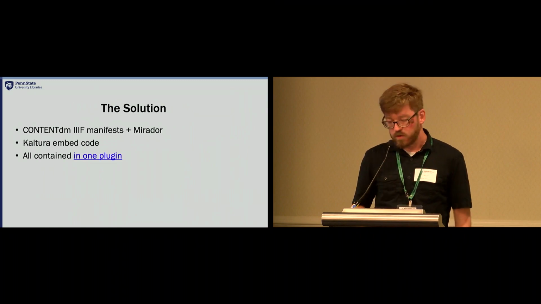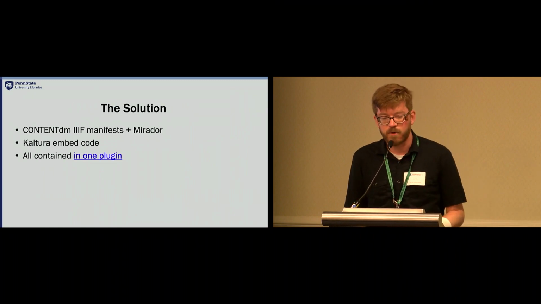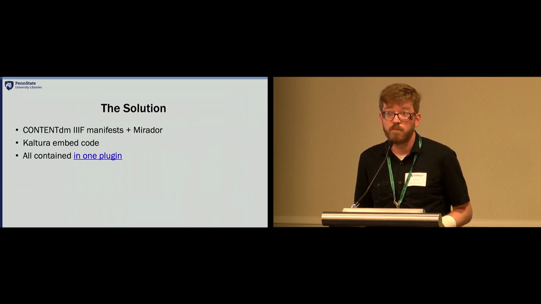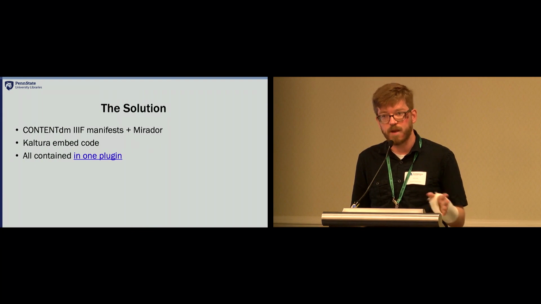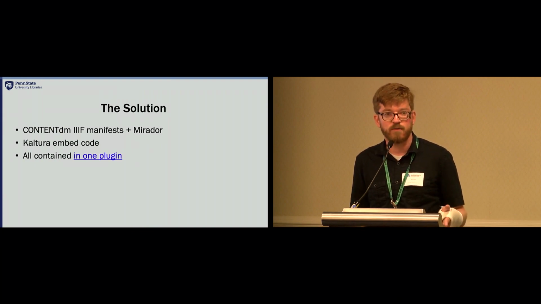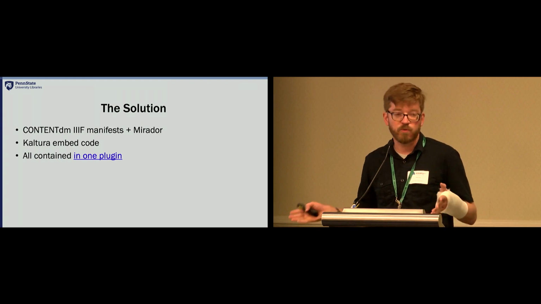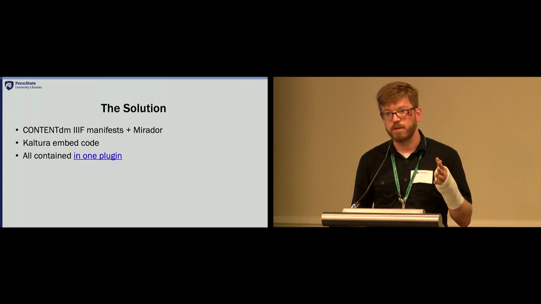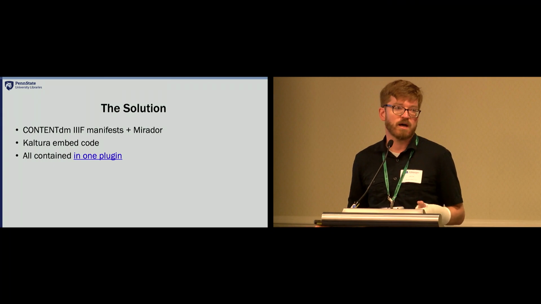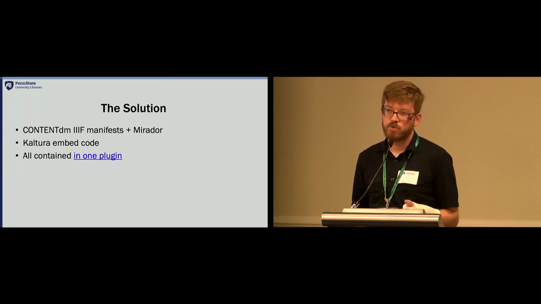So our solution that we hit upon was a couple different things. Content DM supports IIIF. So if you have a IIIF manifest and you embed it in a website one way or another, and you implement a IIIF viewer, it'll display the image and all the metadata. People can interact with it as if they were already on Content DM or any IIIF compliant repository.